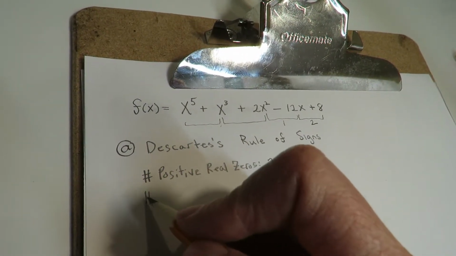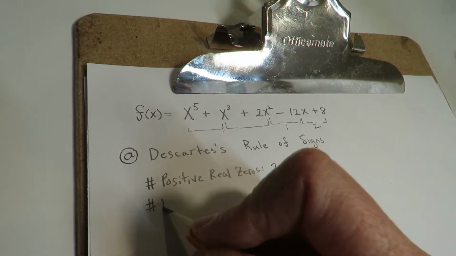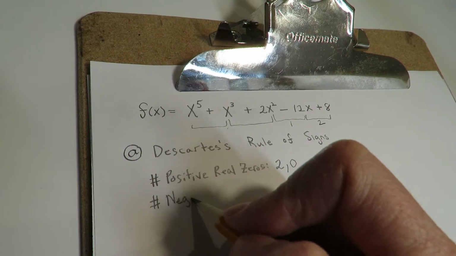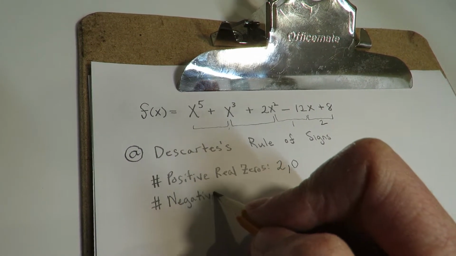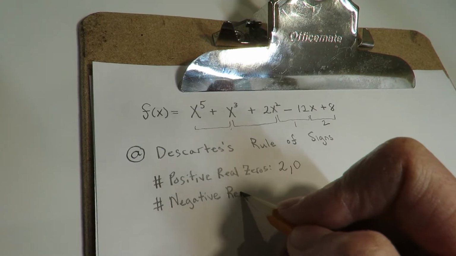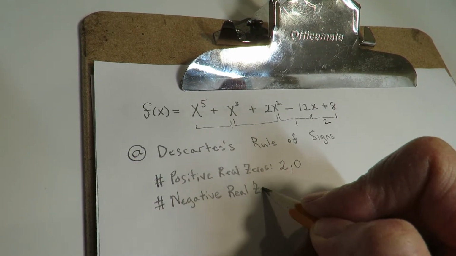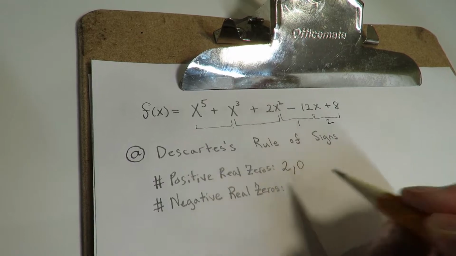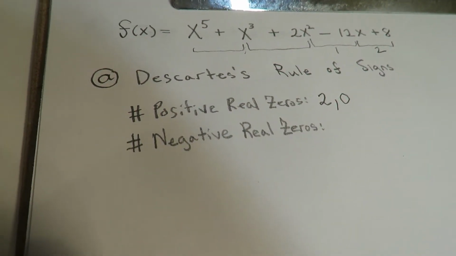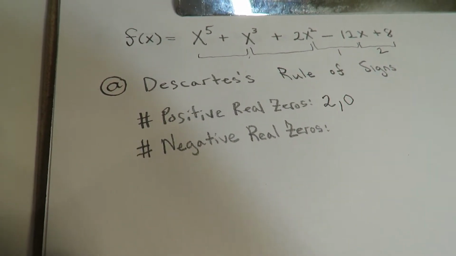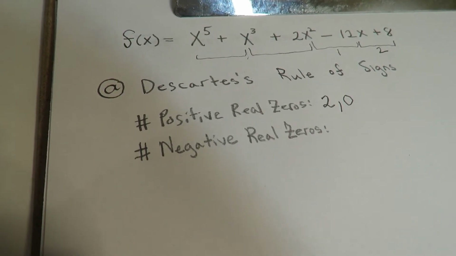Now let's do the number of negative real zeros. In order to do the negative real zeros, you have to find the variation in sign of f of negative x.